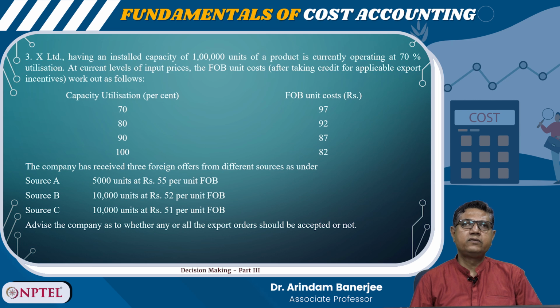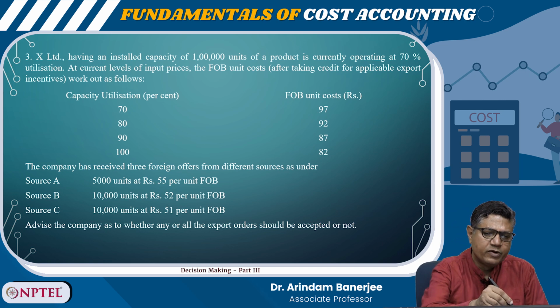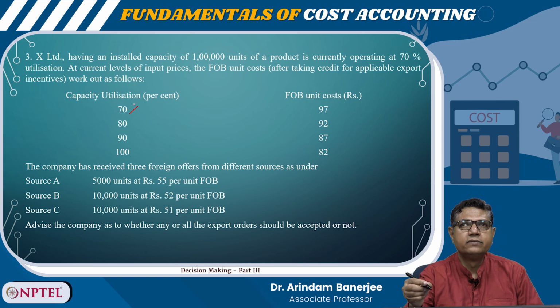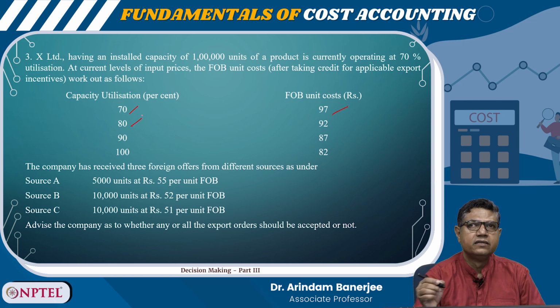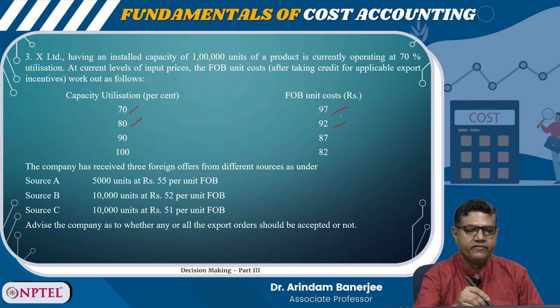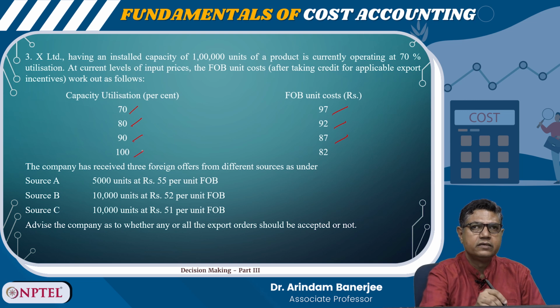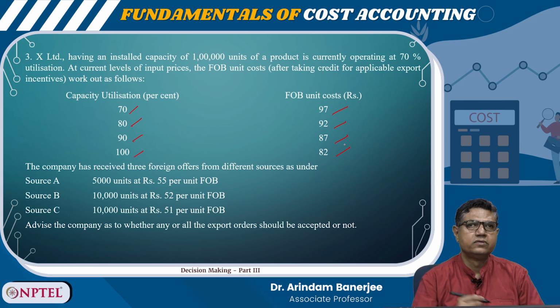At current levels of input prices, the FOB unit costs after taking credit for applicable export incentives work out as follows. If the capacity utilization is 70, then FOB unit cost is 97. If it is 80, then it is 92. If it is 90, then 87. If it is 100, then it is 82, right.